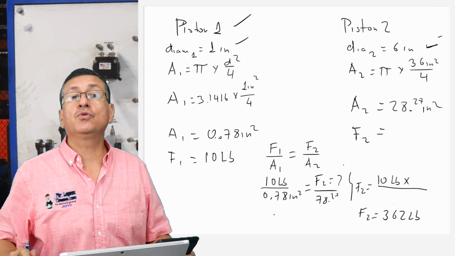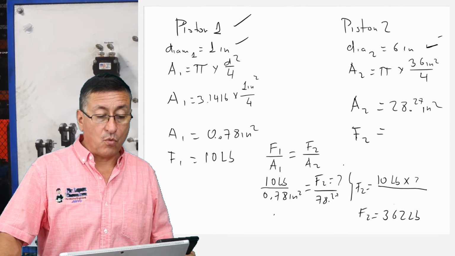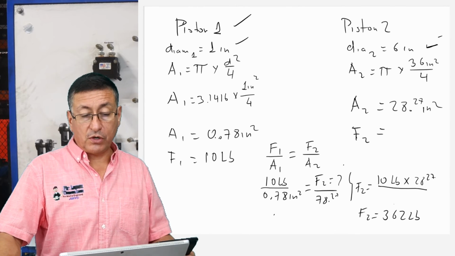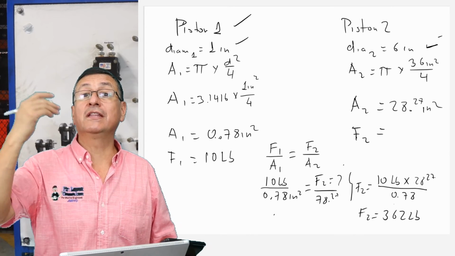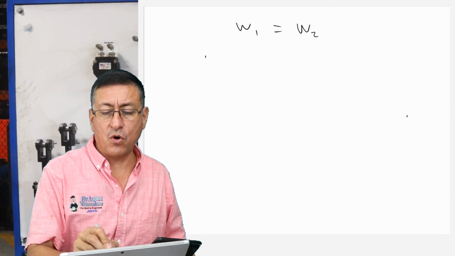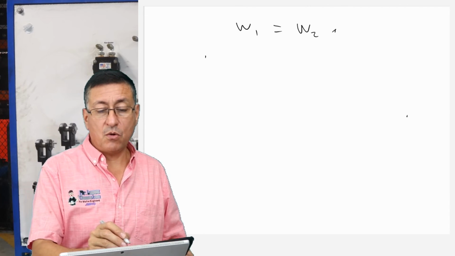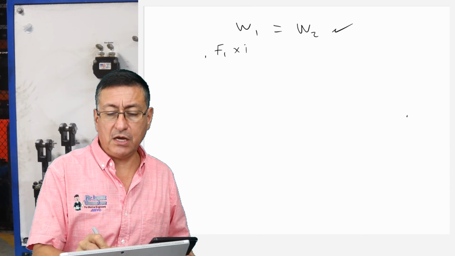And now, using the concept of work, we are going to calculate the distance that the second piston is moving. The work number 1 should be equal to the work number 2. The work number 1 is the force 1 times the distance 1, and it should be equal to the force number 2 times the distance number 2.